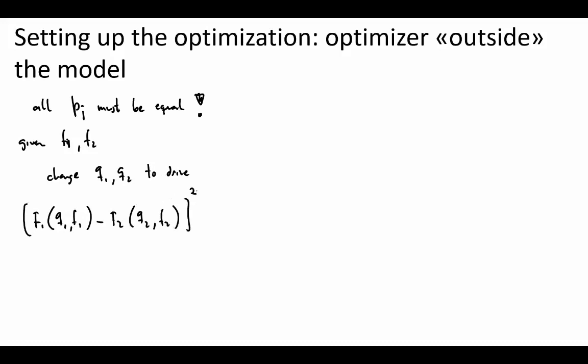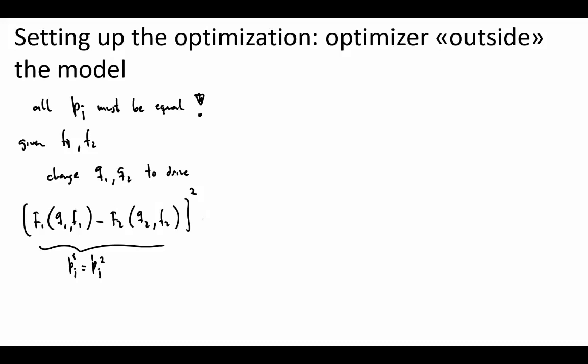If I change these rates until this difference becomes zero, that means that the pressures are going to be the same. Pj1 becomes equal to Pj2.